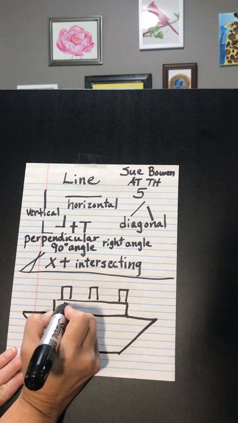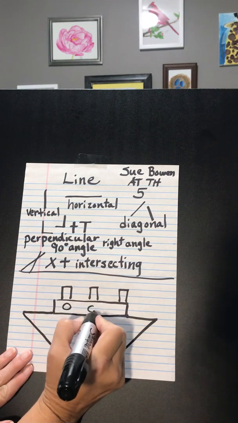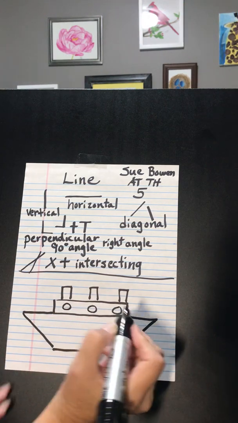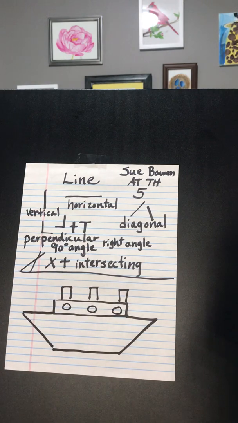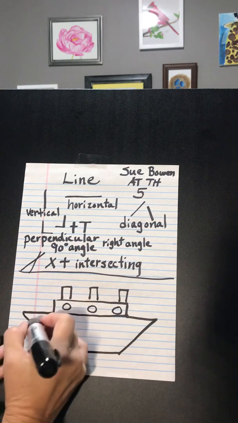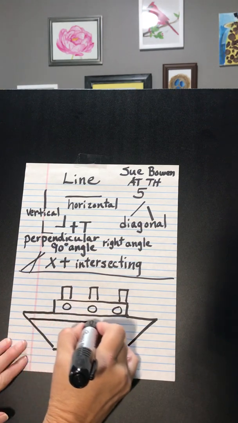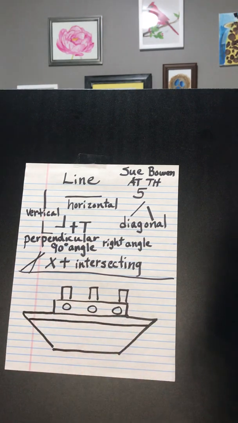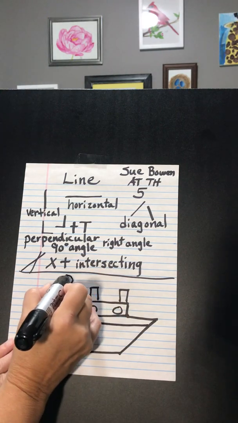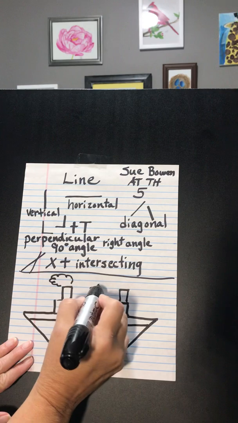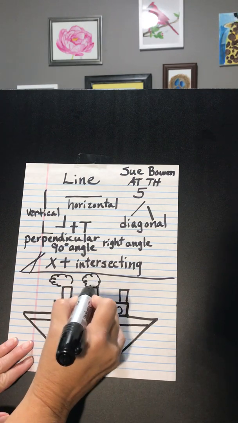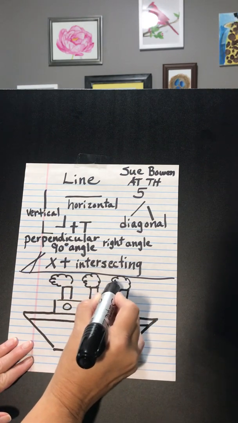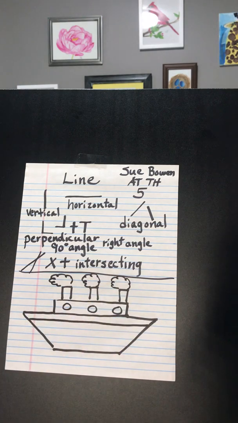Now, let's add some circles in here. Can you tell what we've drawn so far? We've drawn a ship. So let's go all the way across with this one. You can use that blue line to help you make it nice and straight. And let's do some smoke coming out of here. It's like a steamboat ship. The kids' in-person classes told me they thought it looked like the Titanic.